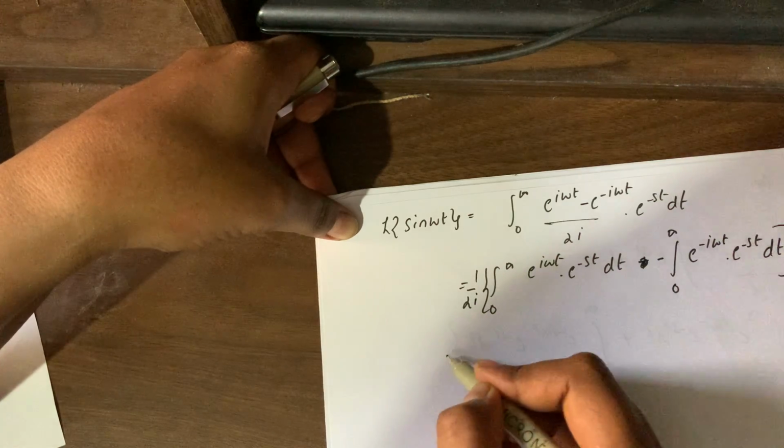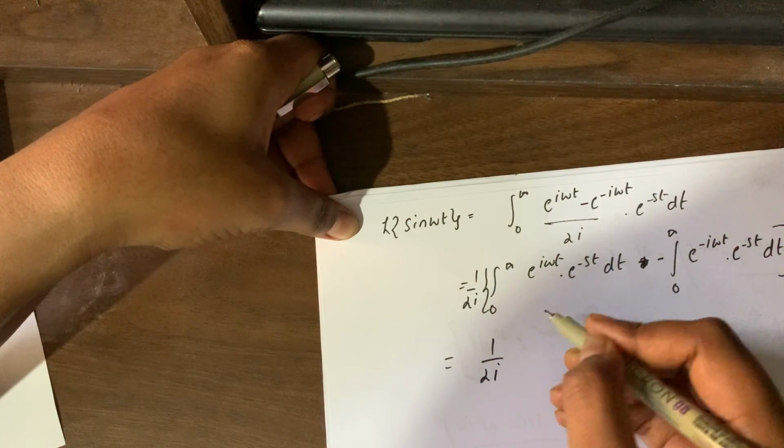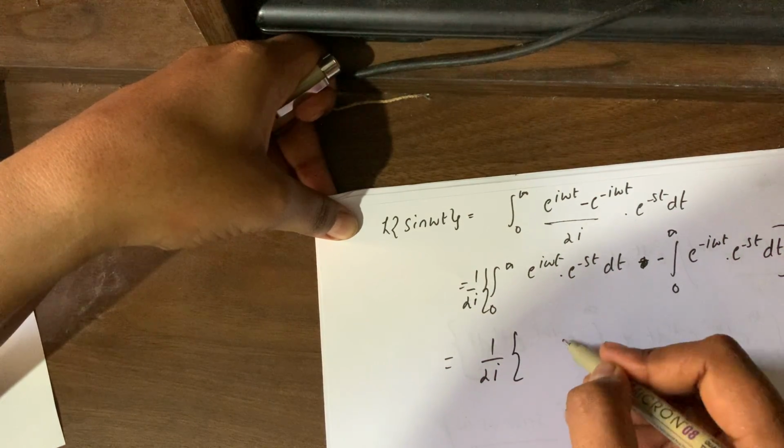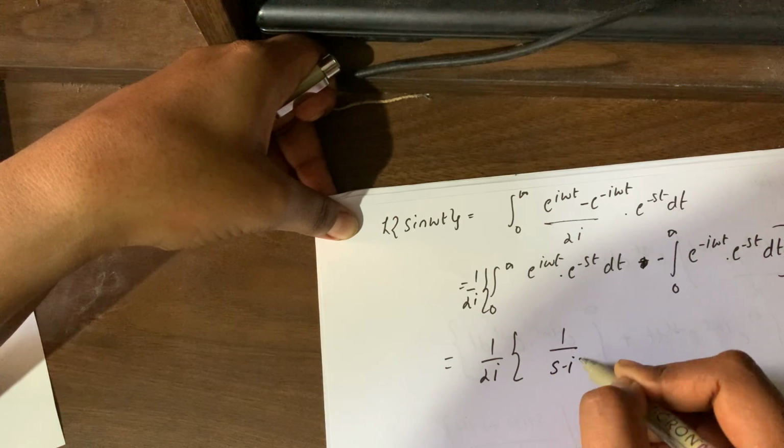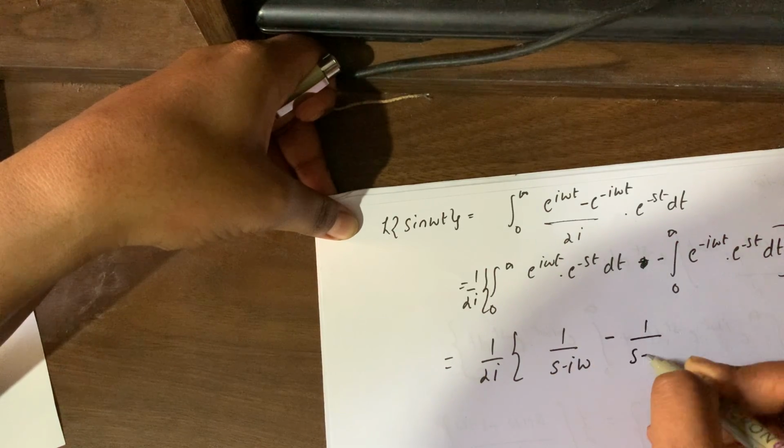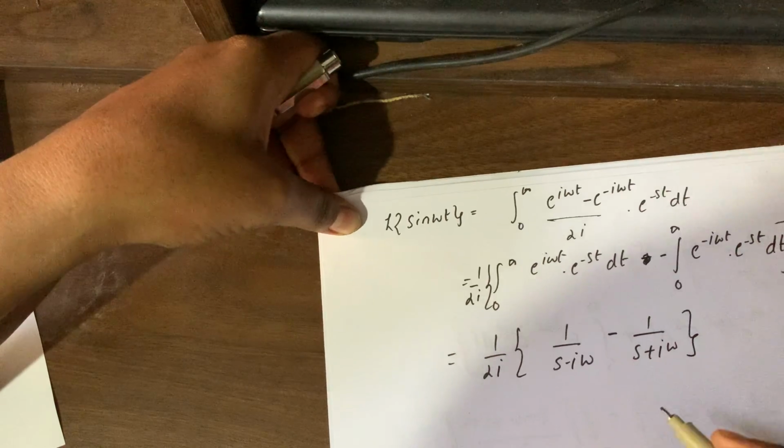So we know the Laplace transform of this. Let's substitute it. So that is nothing but 1 by s minus i omega minus 1 by s plus i omega.